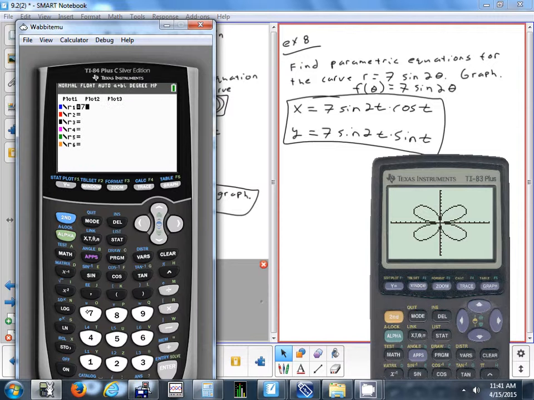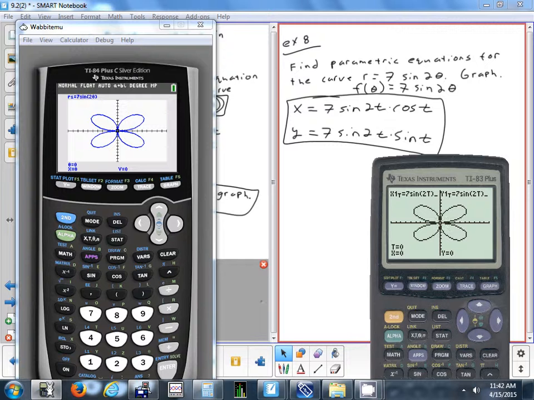Right, so type in 7 sine 2 theta. This is just to check and make sure that what we did comes out the same when you write it each way. And go zoom 6. We get the exact same picture. Okay, just one is polar, one is parametric.